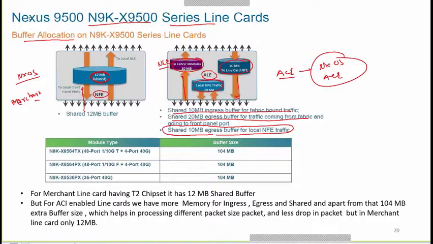But if you are using an ACI enabled line card which supports both NXOS and ACI, for ingress it has 10 MB, for egress it has 20 MB, and for local traffic, that means your source and destination are on the same line card, it will have local NFE traffic 10 MB.